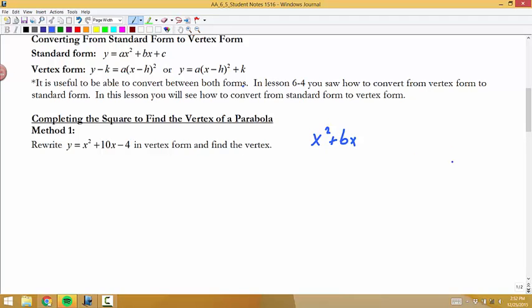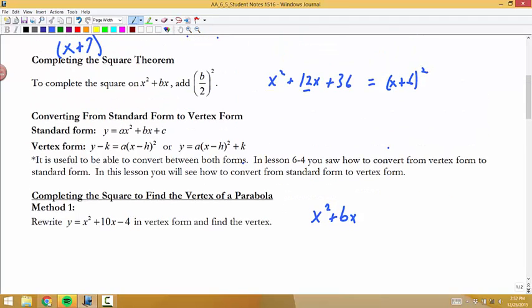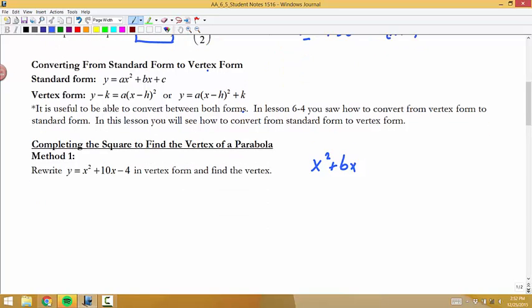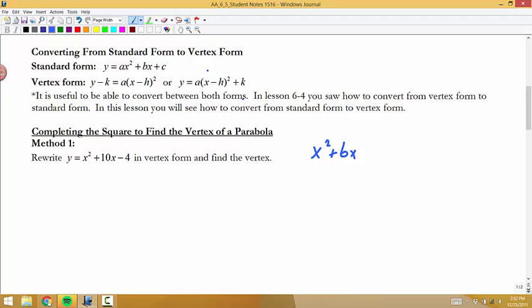That allows us to use the completing the square theorem, because I will be able to add on and then complete the square. So let's do that with this example: y equals x squared plus 10x minus 4. The first thing I'm going to do is get rid of the minus 4, because I want x squared plus bx. So I'm going to add 4 to both sides.